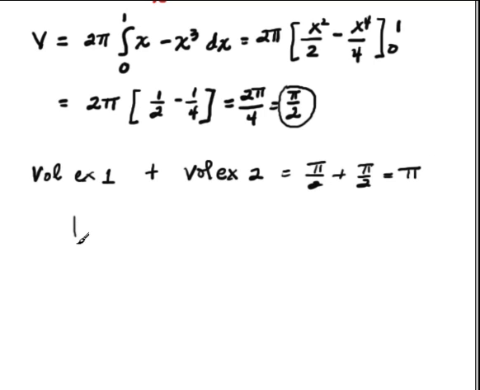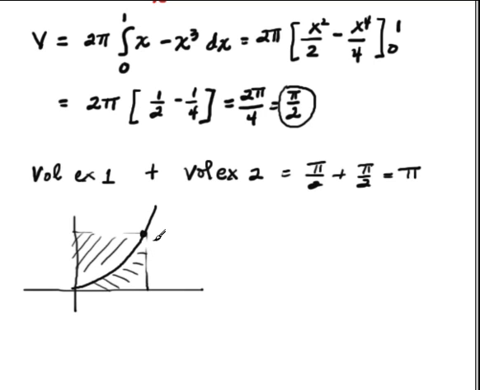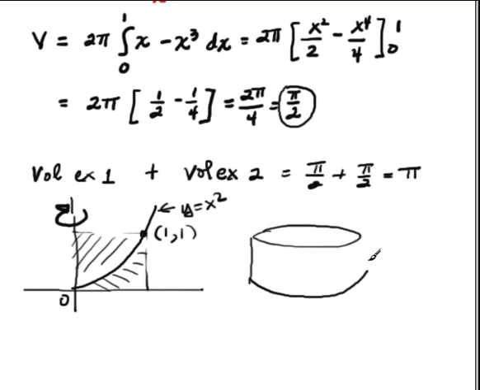If we look at the two areas, this top area and the bottom area, this is the curve y equals x squared. If we rotate both of them about the y-axis, we just get a solid cylinder. And what's the volume of this solid cylinder?